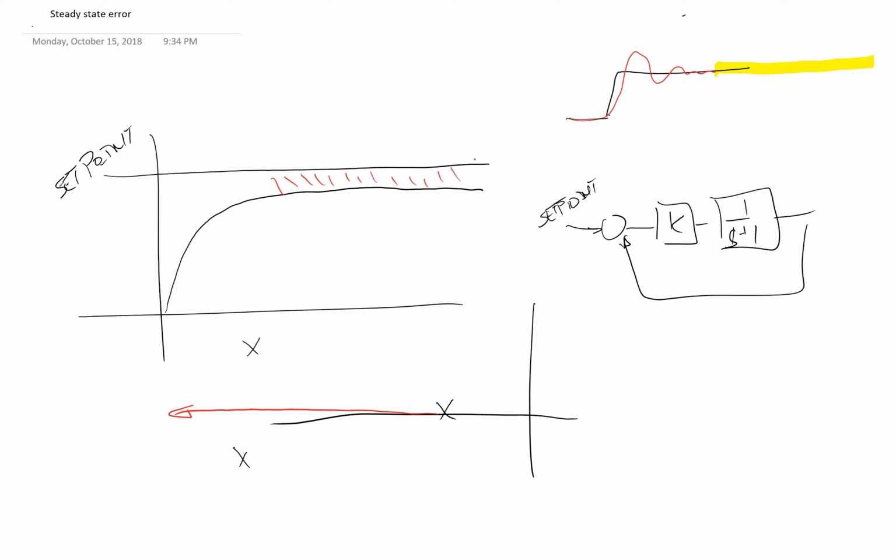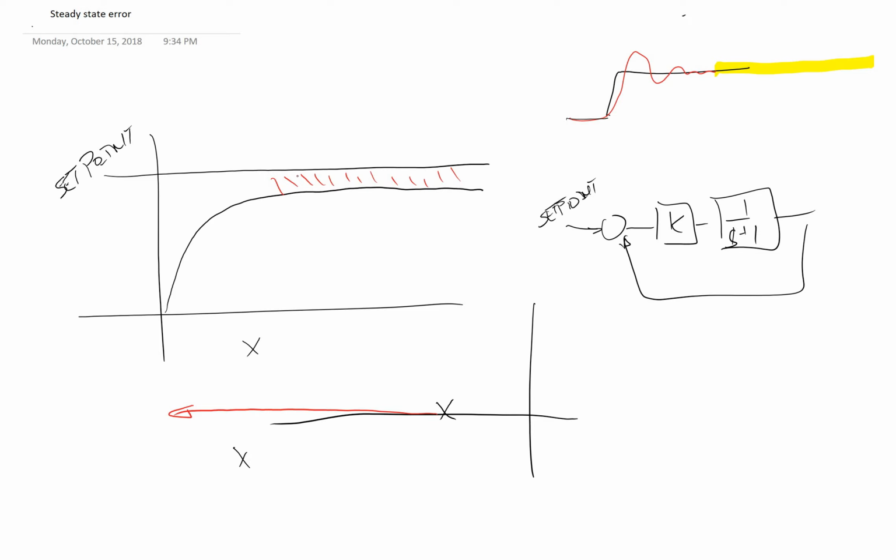And the thing that keeps us from converging on the set point is typically, like in a mechanical system, the friction, or in a thermal system, the heat loss. We can't quite drive it hard enough to get past that point, and so we have this static error associated with this.